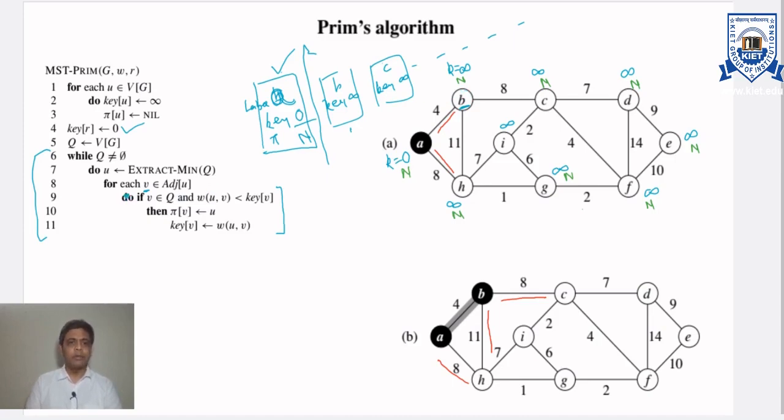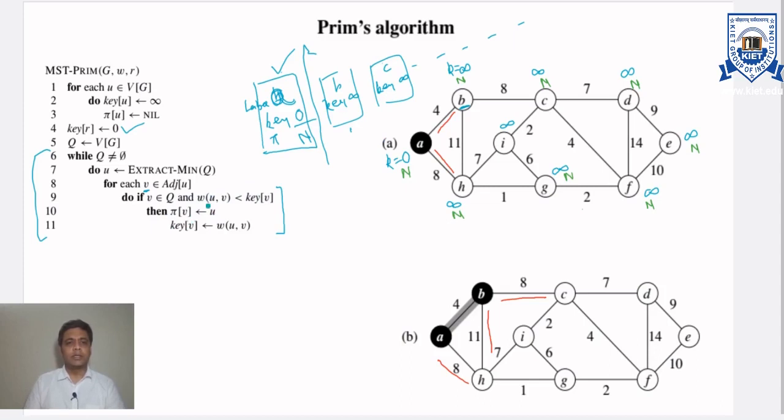So V is considered as B, and then V would be considered as H. So B is still in the priority queue immediately after we extracted A from the priority queue, so B is inside the priority queue, and now there are two conditions.